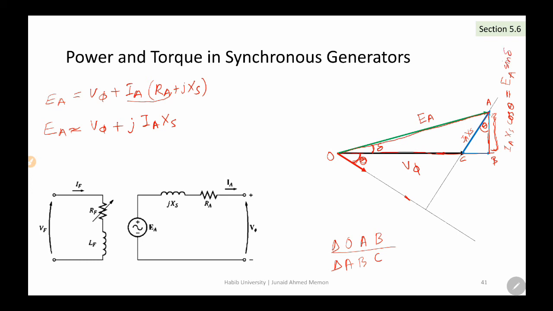So we have this property that EA sine sigma is equal to IA XS cos theta.